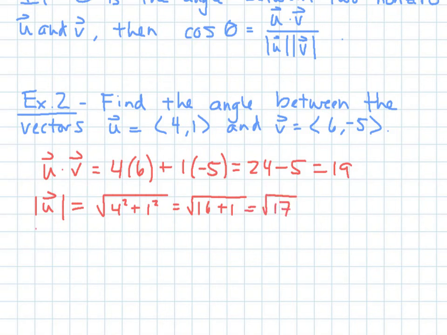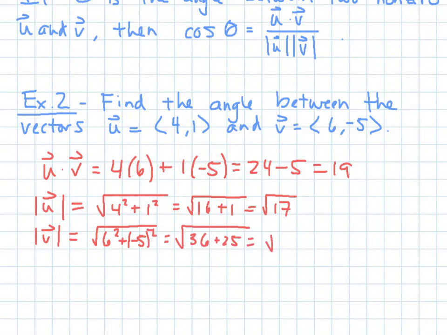Okay? And then the magnitude of v is going to be the square root of 6 squared plus negative 5 squared. That gives me 36 plus 25, and then that would give me square root of 61. Okay? So now I have all the information I need.